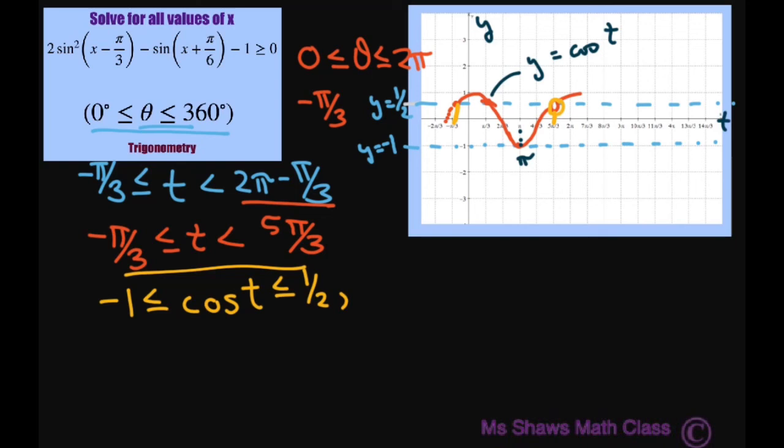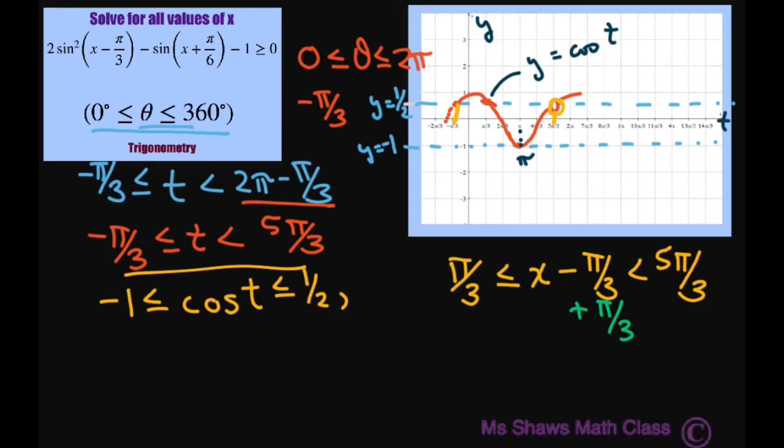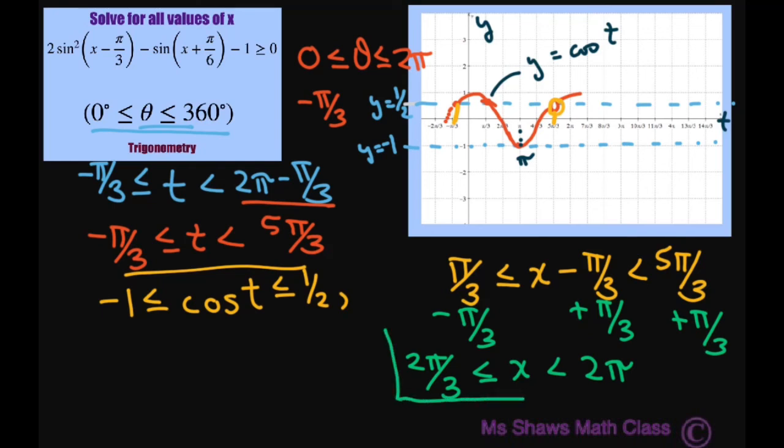So when you have pi divided by 3 is less than or equal to x minus pi divided by 3, less than 5 pi divided by 3, if you add pi divided by 3 to each piece to solve for x, we're getting back to our original. Our solution set is 2 pi divided by 3 is less than or equal to x, which is less than 2 pi. And this is your final answer.